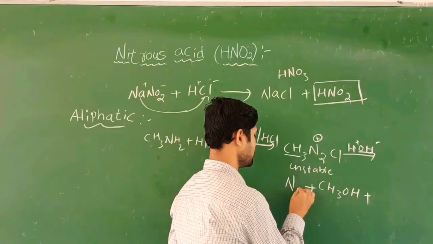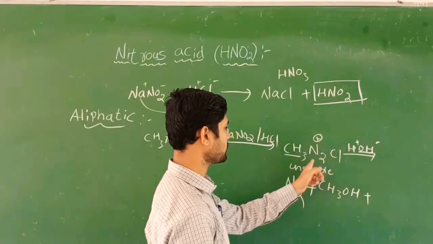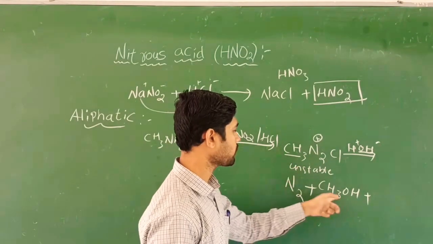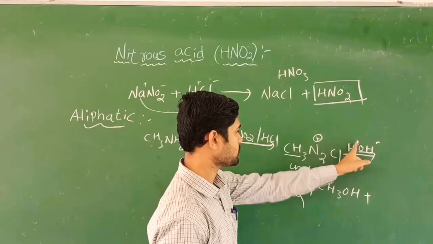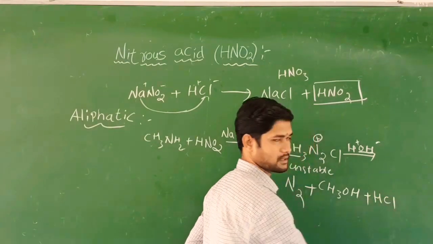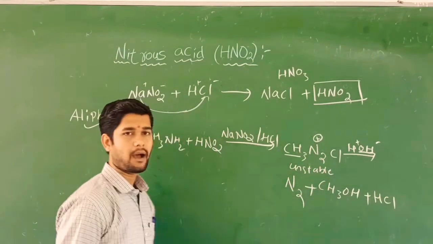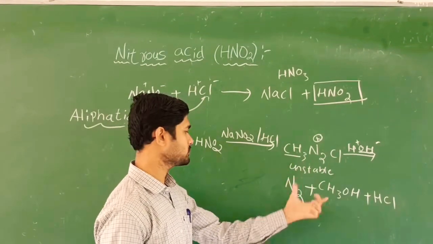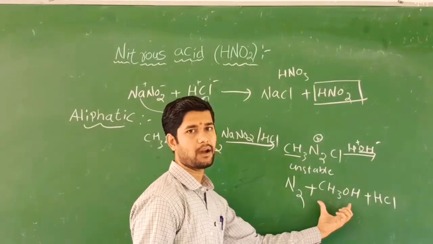Along with the primary alcohol, methyl alcohol, the remaining H plus and Cl minus are written as the byproduct HCl. So this is what happens with primary amines: the unstable compound decomposes to form the primary alcohol.